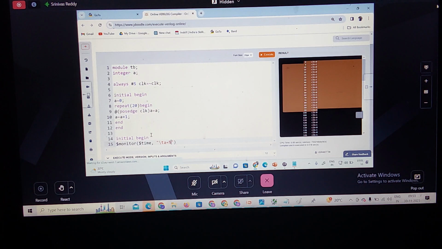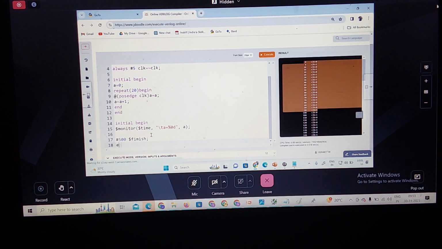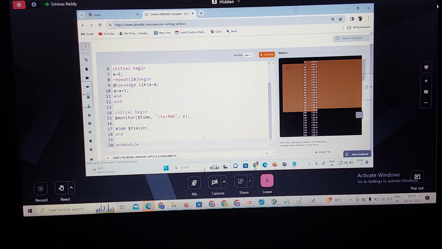A. A is equal to %0d. The argument I need to pass is A. So let me give 500 as the finish time. Then end the module. Did you understand?